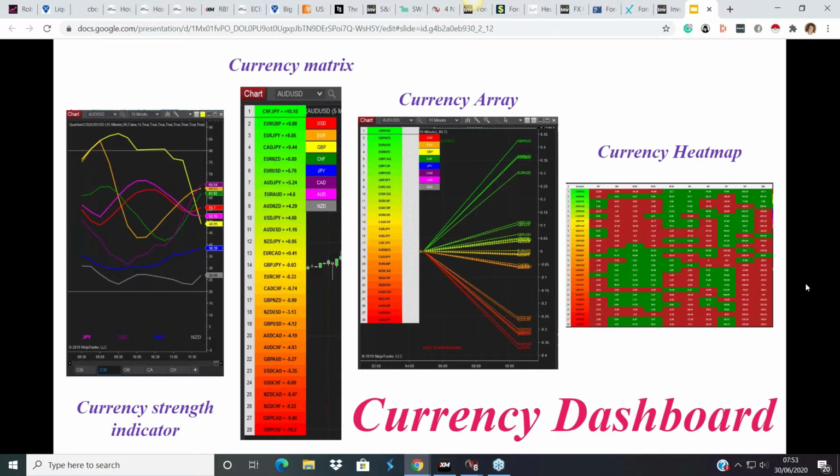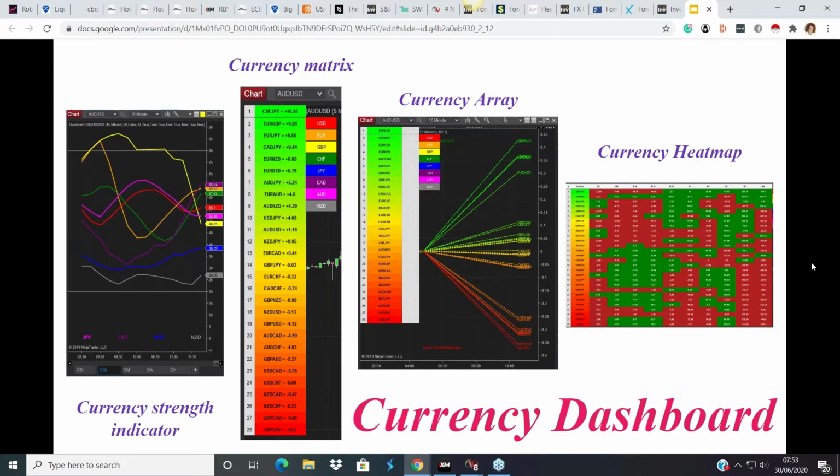Chinese data, everyone knows, has to be taken with a pinch of salt, but be that as it may, it's how the market reacts to that news, and the market seems to have taken it quite well. Certainly the Aussie has, because when we look at the currency strength indicator, which is this indicator over here, we will see that the Aussie has actually been bought overnight.